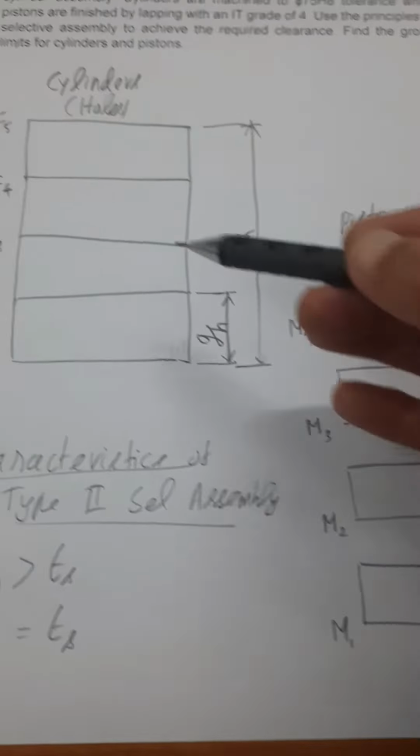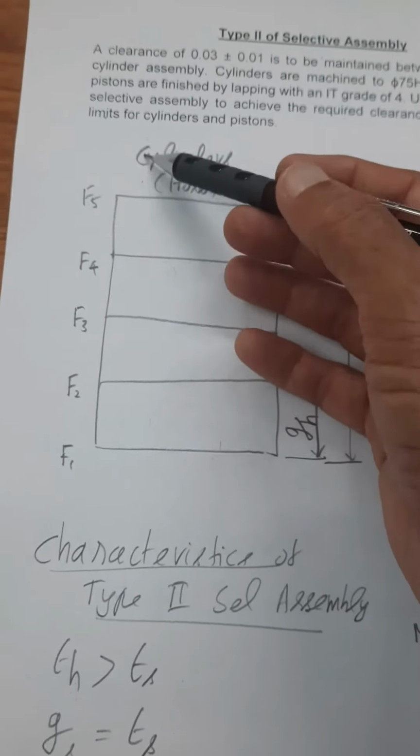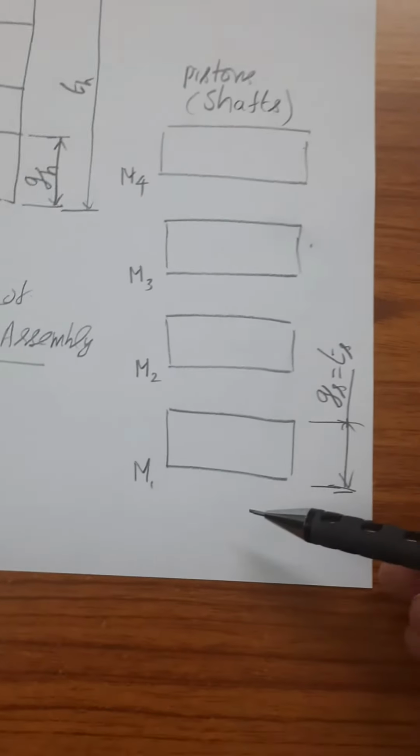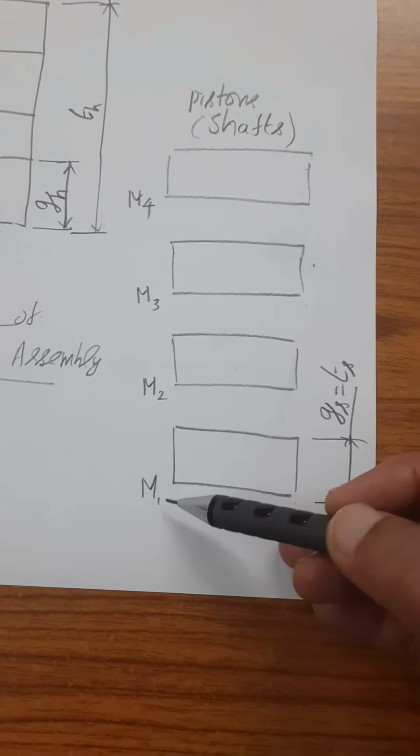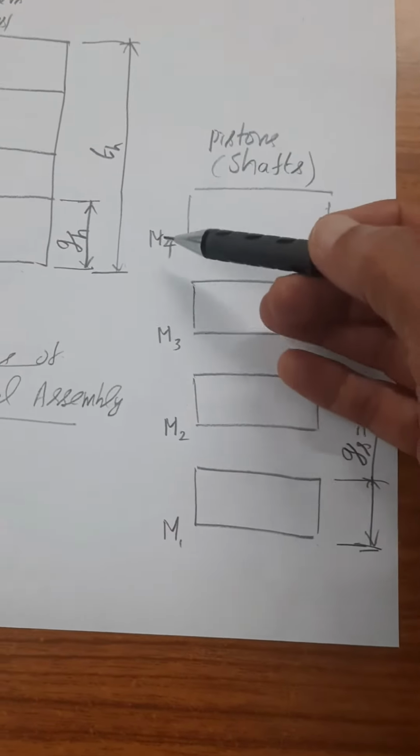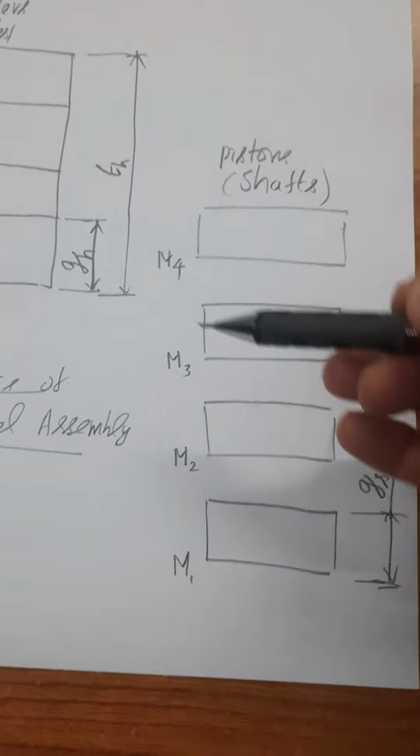Like that, we need to assemble the corresponding groups. So we need to find out the group limits of the cylinders, F1, F2, F3, F4, F5 and so on. Similarly, we need to find out the group limits of the pistons, M1, M2, M3, M4, M5, M6, and so on.